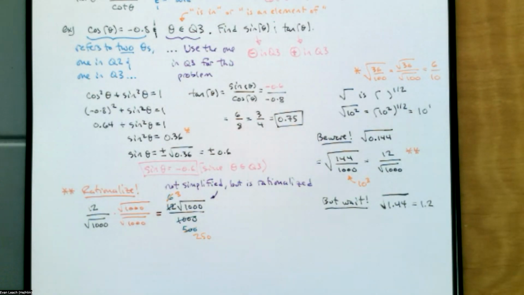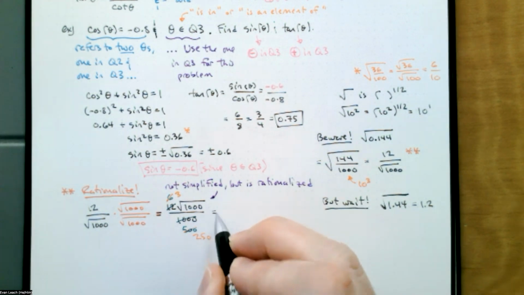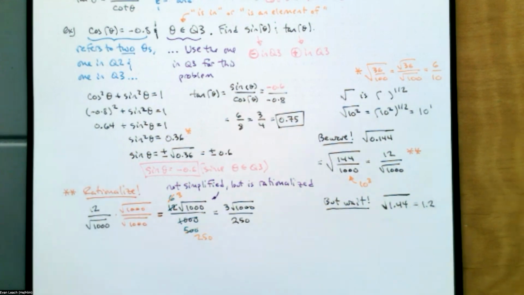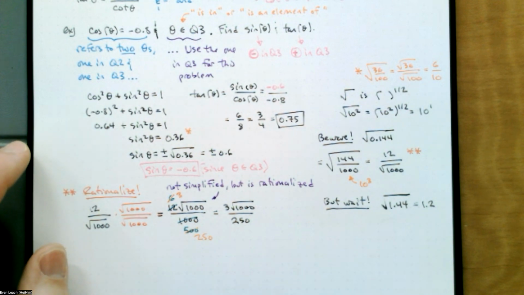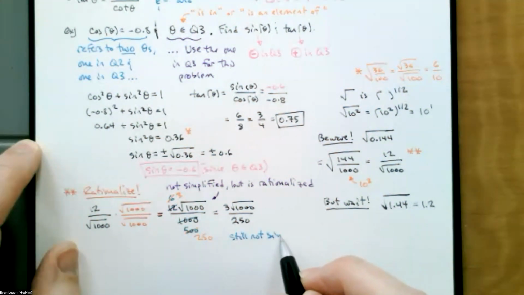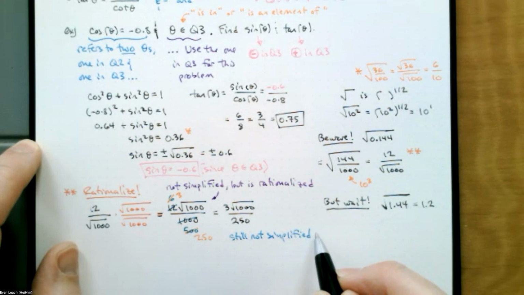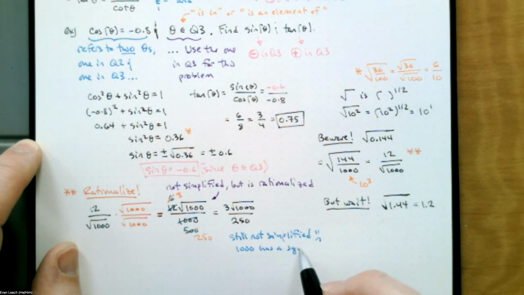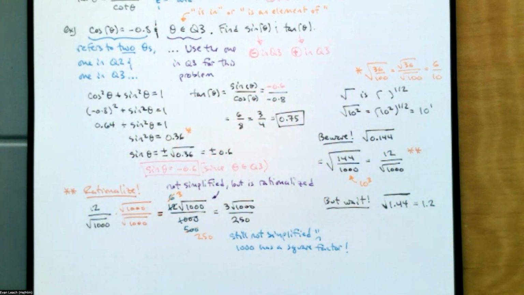But this is still not simplified because the square root of 1,000 is not simplified. 1,000 has a square as a factor.